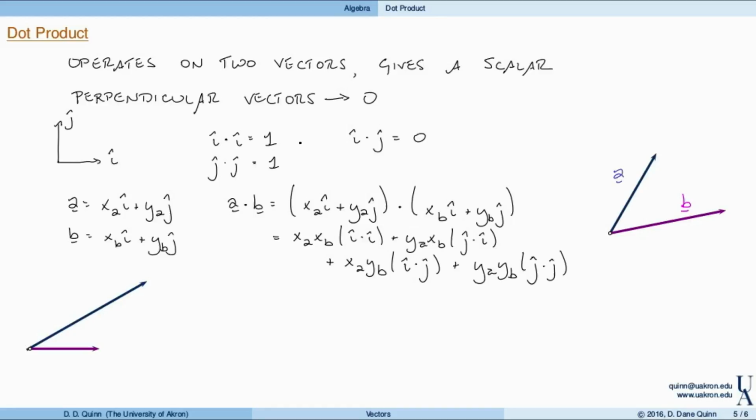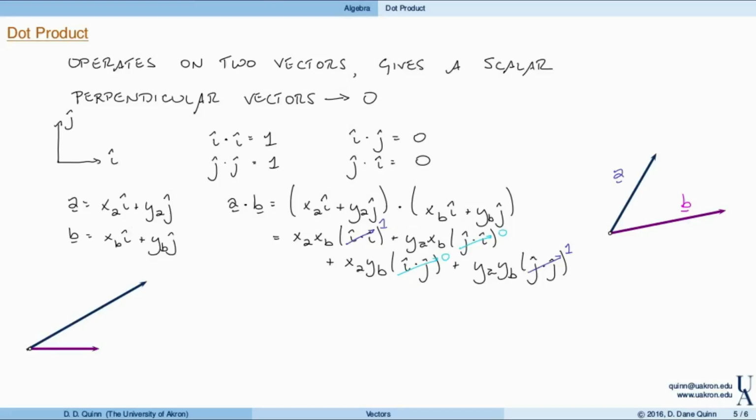So now, looking at this, we also find that j dot i is equal to 0 because those are perpendicular. And we find that i dot i, again, is 1. j dot j is equal to 1. But j dot i is 0, and i dot j is 0.